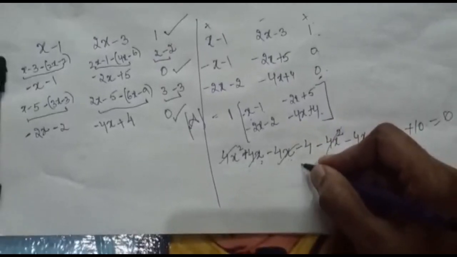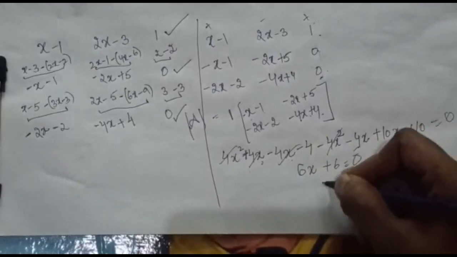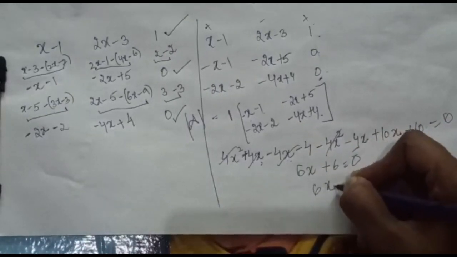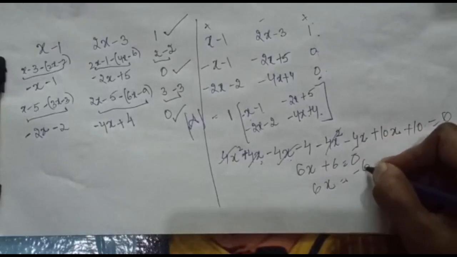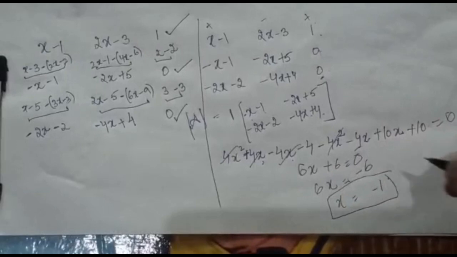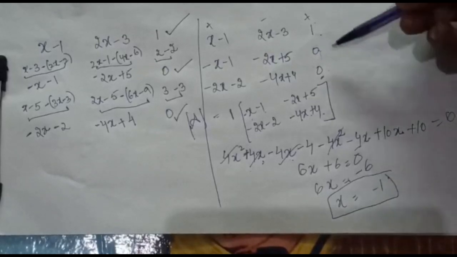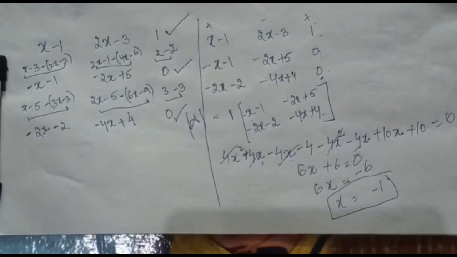So ultimately you will be getting 6x plus 6 equal to 0, and 6x will be equal to minus 6, so the value of x is going to be minus 1. In the question they have asked you to calculate the value of x, so x is going to be minus 1. So you can see with the help of elementary operations, the value of the determinant was very easily calculated.